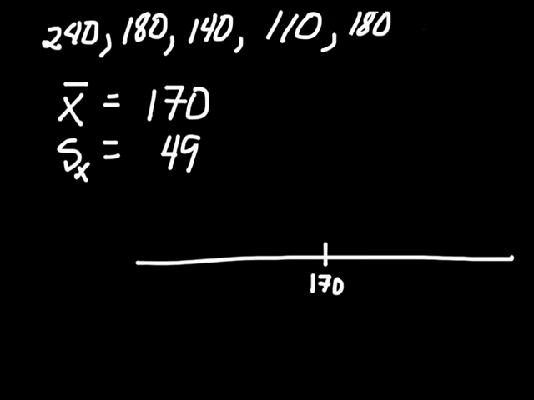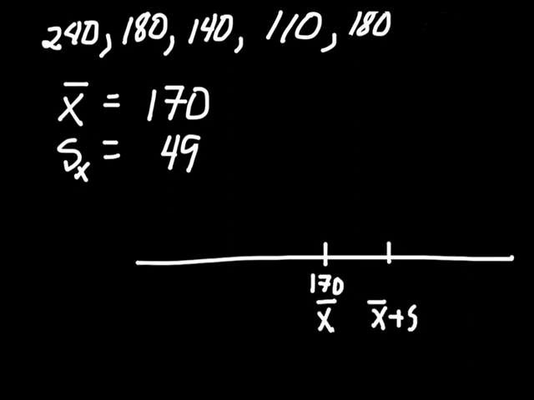So what I'm going to show you is I'm going to put the mean here. This is mean, and it's 170. And now I want to do the mean plus a standard deviation. All right.